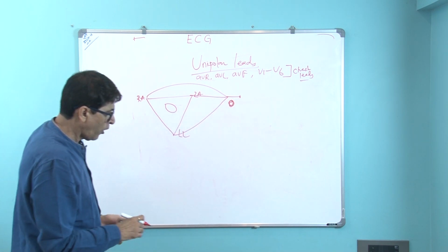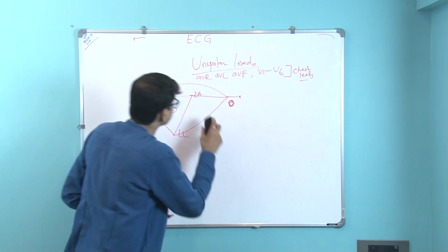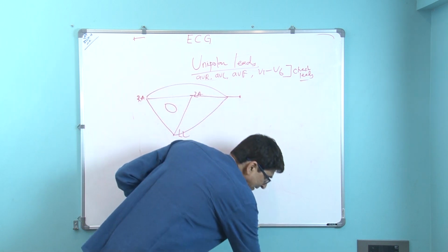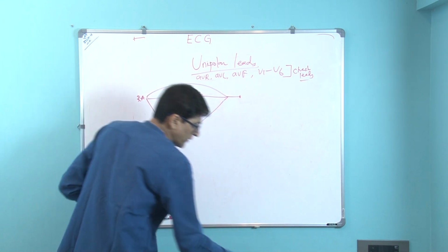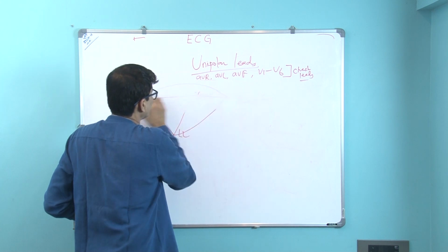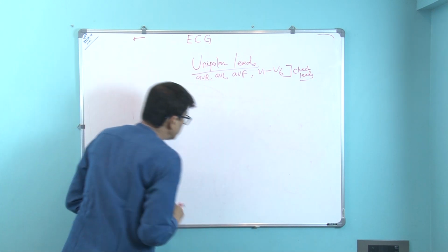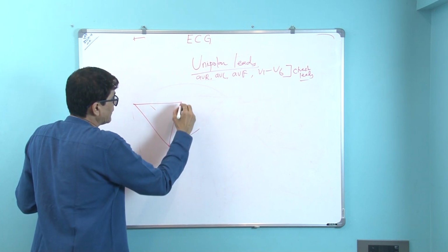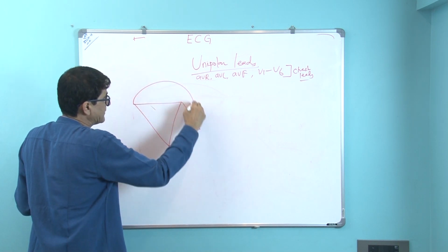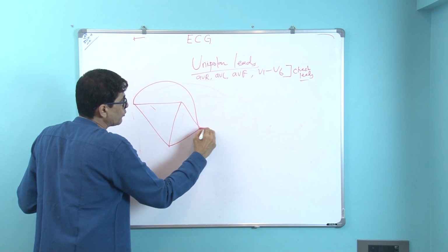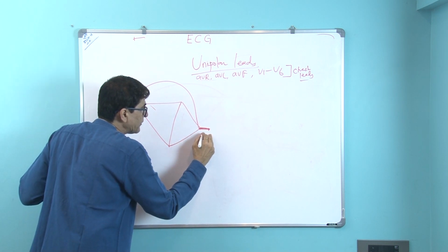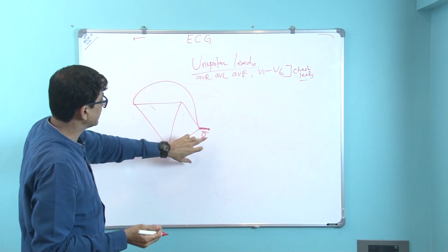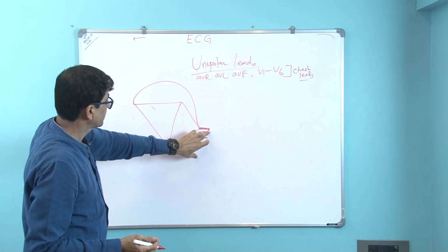This is what was observed by Einthoven. Now, what Wilson did, he took these and connected them to a common terminal where the potential difference is 0; if you add all these three, the deflection is 0 here.